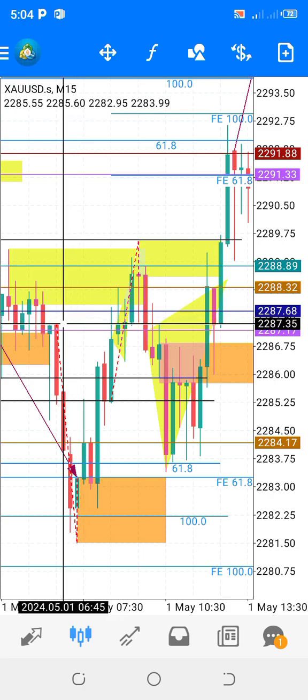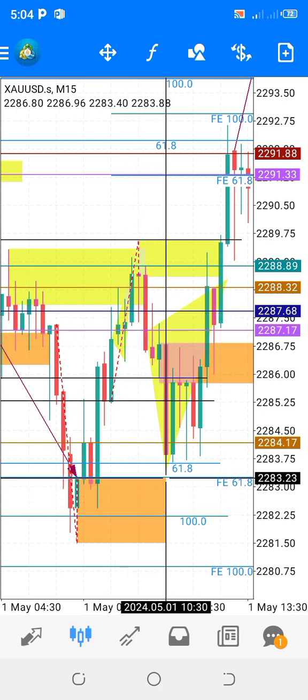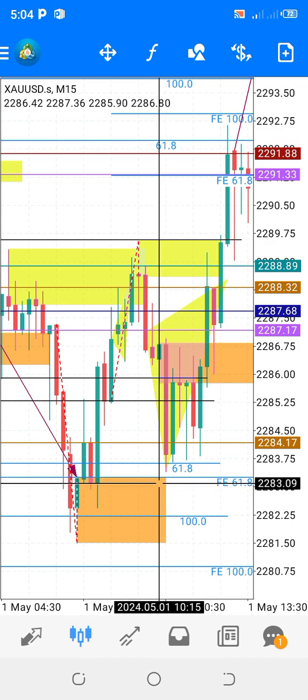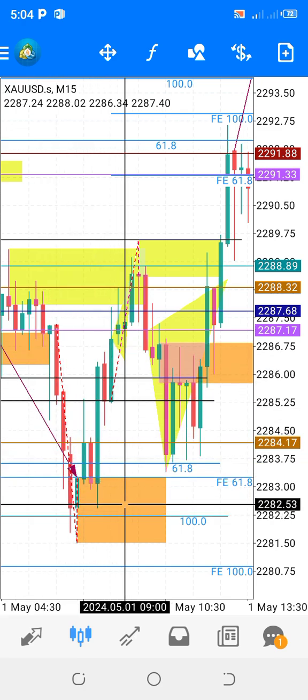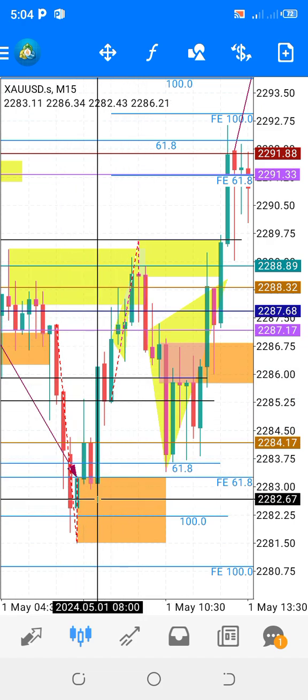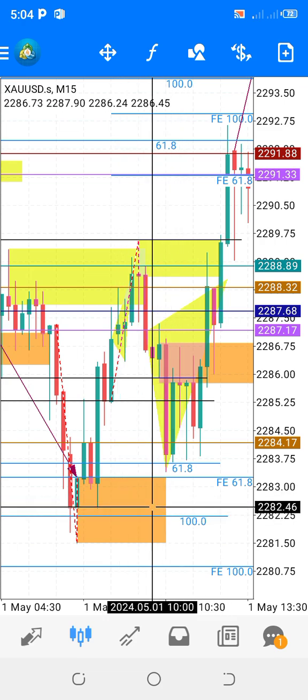So which means we have disqualified the correction start entry, which was not given, and I've also disqualified the trend continuation entry. So trend continuation entry has also been disqualified. So for this event, two entries following our rules were disqualified, the correction start entry and the trend continuation entry both.